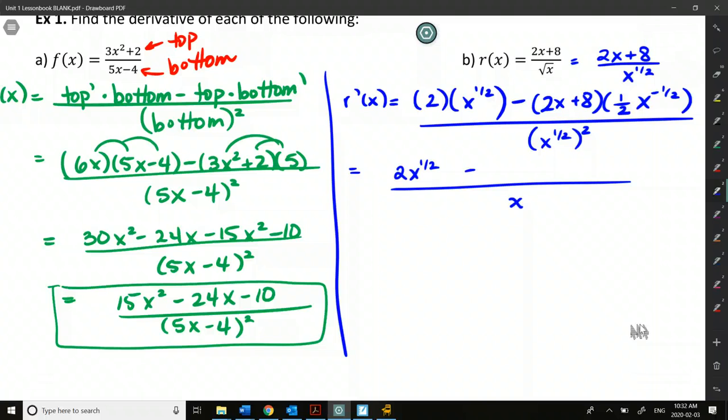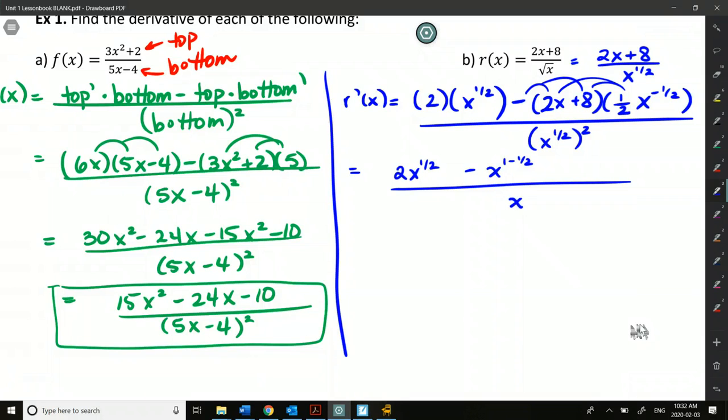And I'm just going to do a little bit of work distributing the negative in and also distributing in this half and the x to the negative half. So 2 and the half part will cancel each other. Maybe I'll just write x to the negative half there.